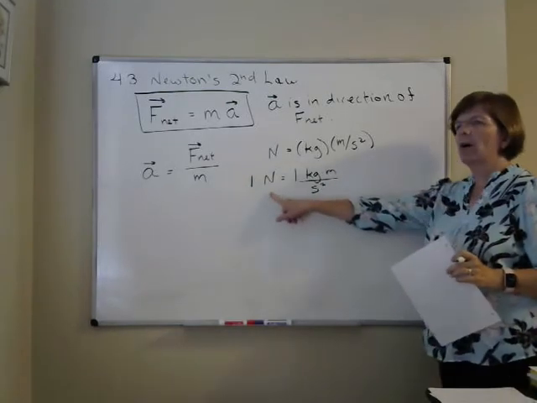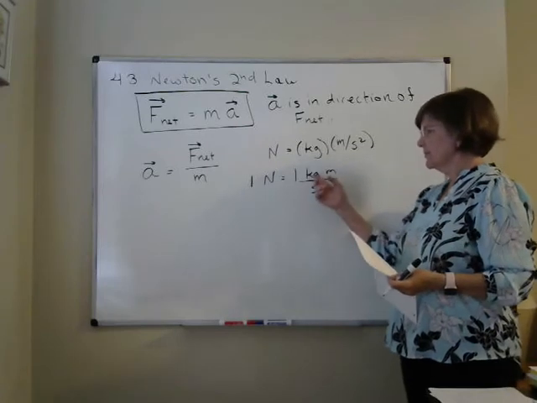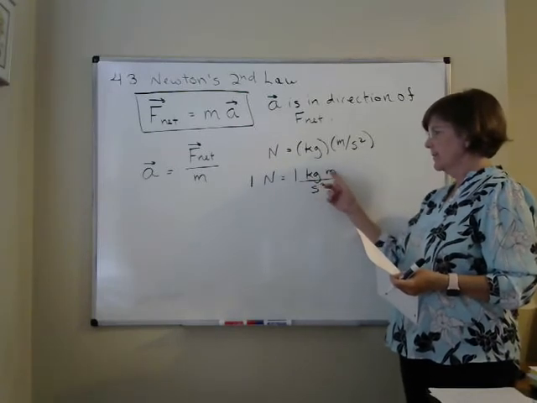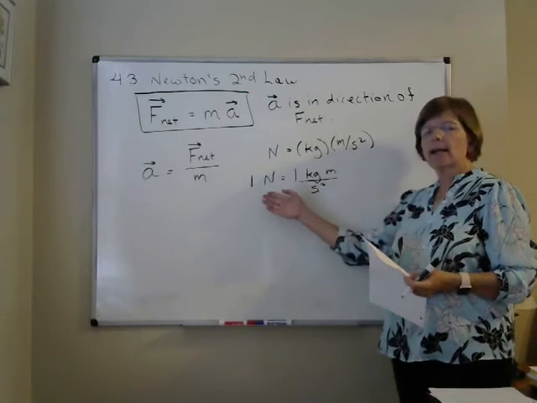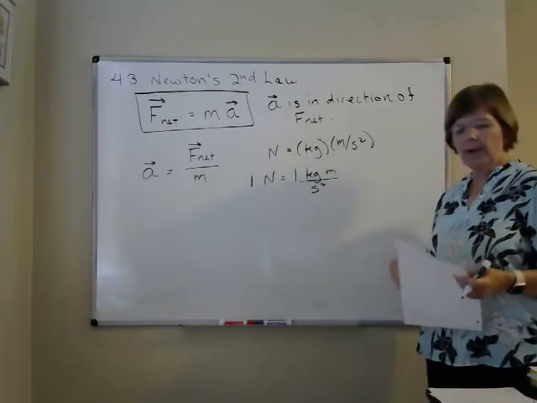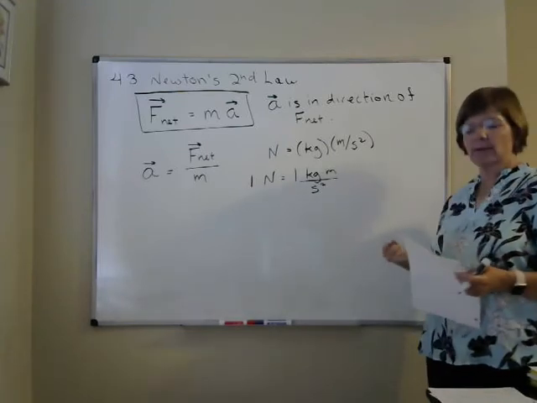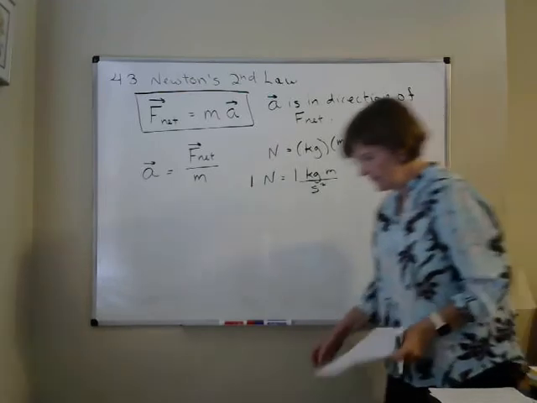This is what we call a derived unit. These are fundamental units, kilograms, meters, seconds, and this is that combination, or derived unit. It's just easier to talk about force being in newtons, and it's going to be measured all the time as kilogram meters per second squared.